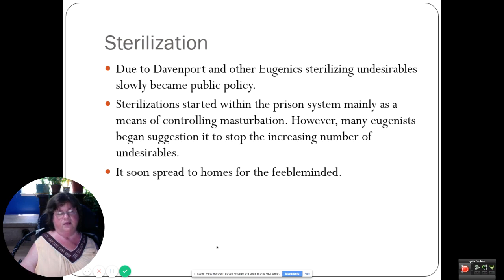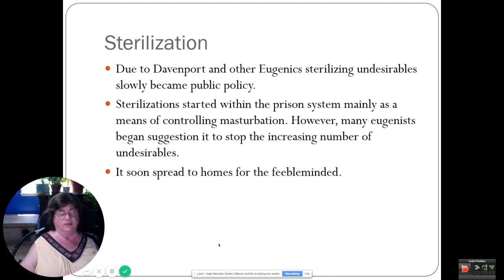All right, this led to sterilization eventually, as soon as that procedure became available. So, due to Davenport and other eugenicists, sterilizing undesirables slowly became public policy. The sterilization started first within the prison system, mainly as a means of controlling masturbation.